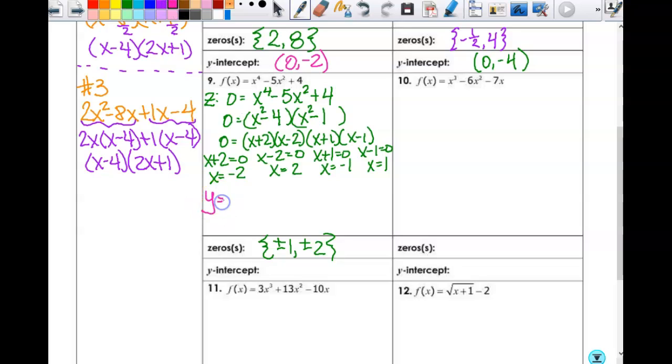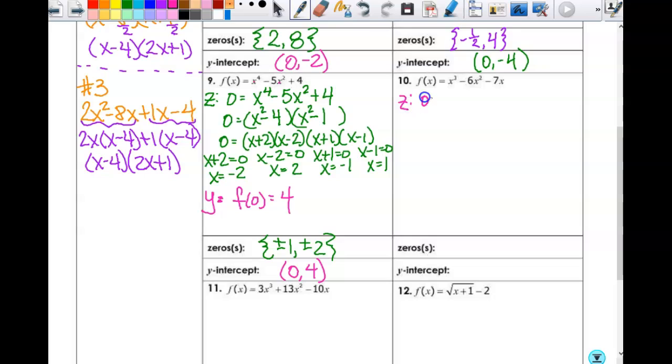So that's y-intercept. Y-intercept is just 4. So we get 0, 4. Everybody good so far? All right, let's start number 10 with, and I want to come around and check some things.